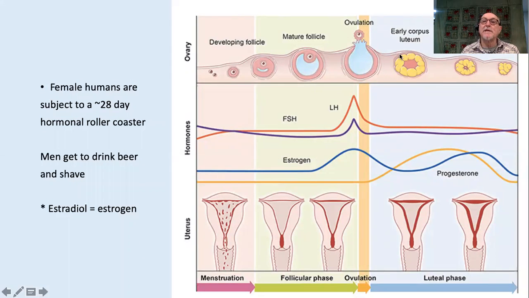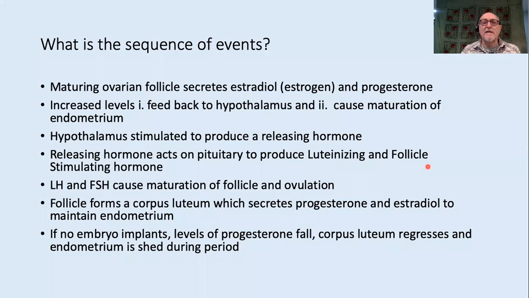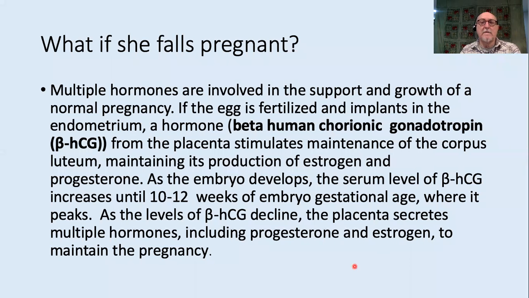And as long as the corpus luteum is maintained, it will produce progesterone and estrogen at these levels here, and it will maintain the endometrium, placenta, and everything else for the duration of the pregnancy. There are a couple of extra things that do start to happen, but largely the pregnancy is maintained. You can just remember that the pregnancy is actually maintained by the placenta acting as an endocrine gland all on its own.